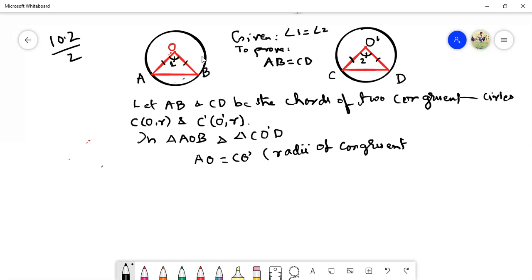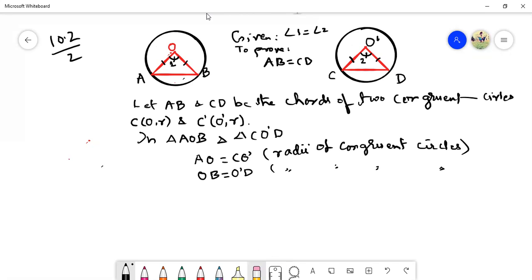Okay. Similarly, that OB is equal to O dash D, reason is same.